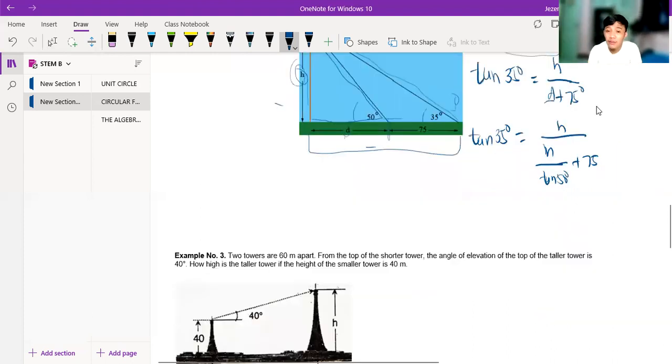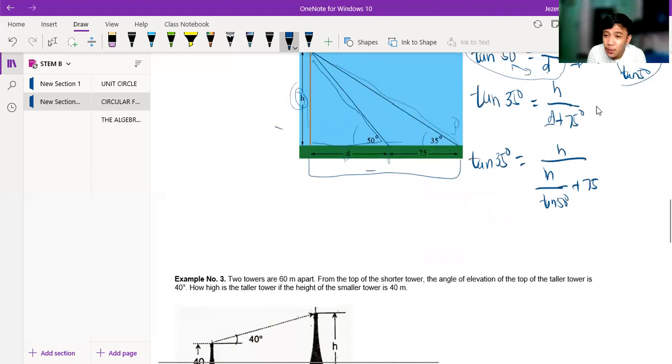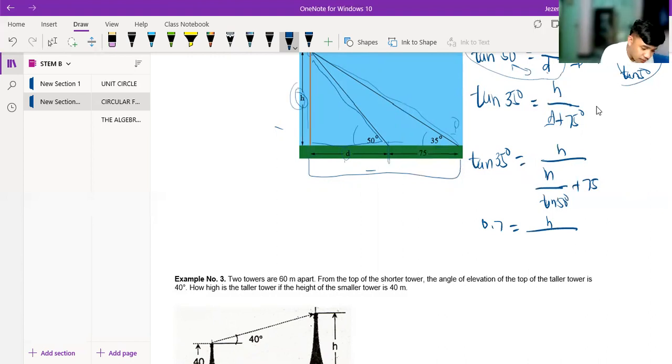So, by algebra lang, madali lang. So, kuhanin muna natin ang tangent 35 degrees. So, tangent 35 degrees ay 0.7. H over 1 over tangent 50 degrees. So, 1 over tangent 50 ay 0.84, H plus 75.